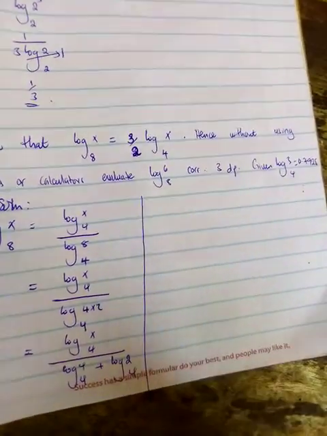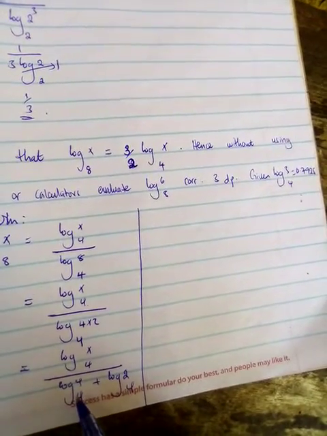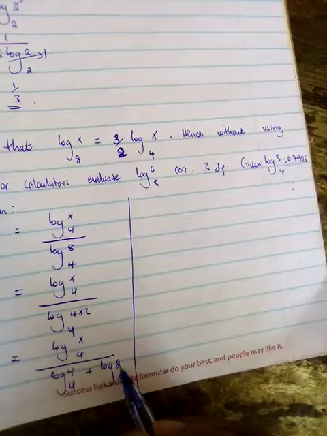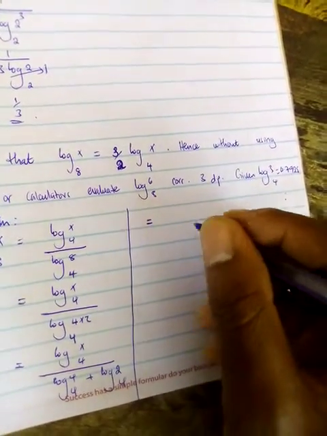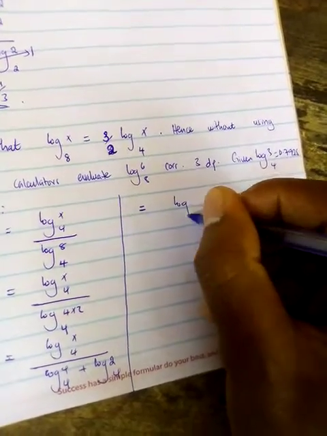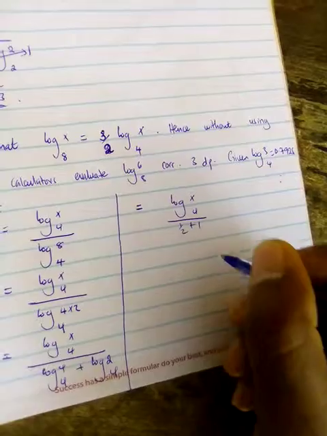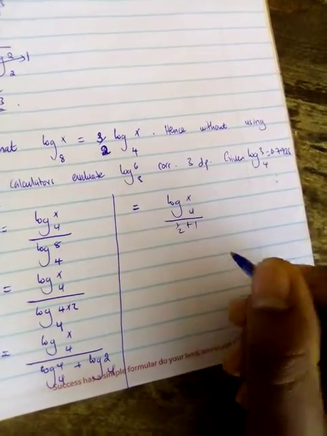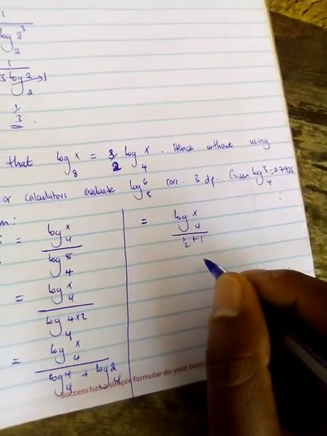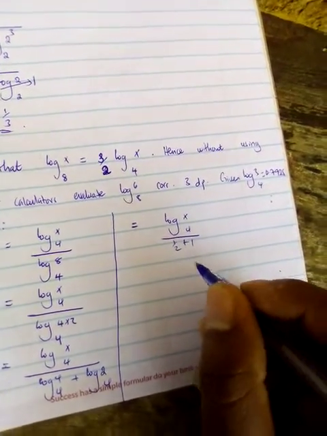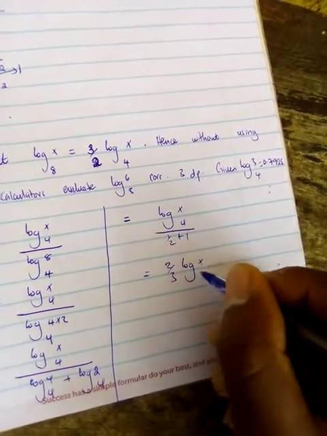Log of 4 to base 4 is 1, then log of 2 to base 4 is a half, such that I have log of x to base 4 divided by a half plus 1. A half plus 1 is 3 out of 2. It goes to 2 out of 3 log of x to base 4.